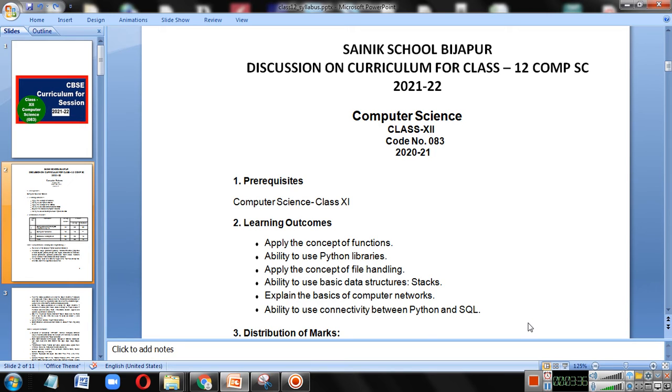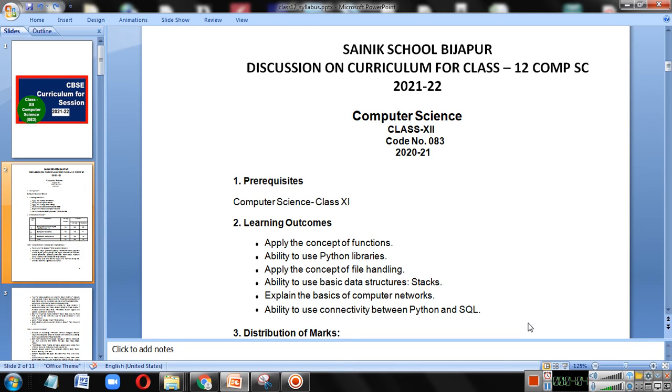Now we are going to study the user-defined functions, and also explore the abilities of the Python libraries, which are very strong and more constructive while developing projects. The new concept you are going to learn in class 12 is file handling, which you are also going to apply for your project developments.